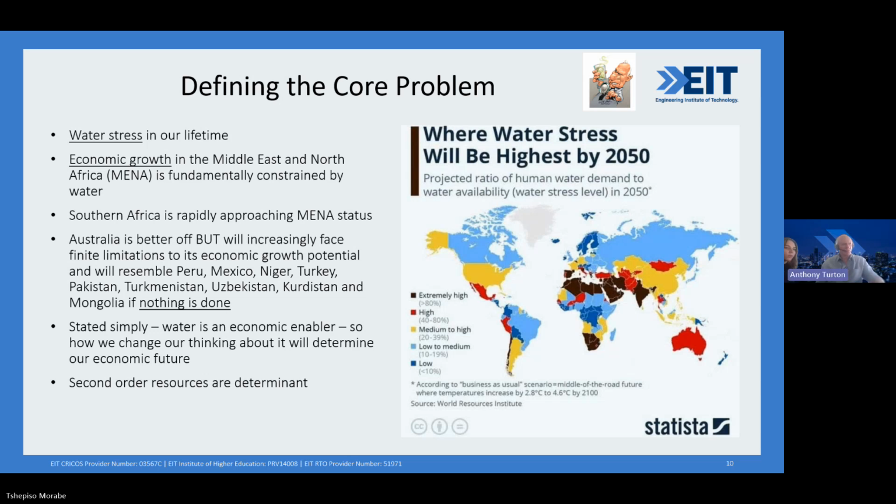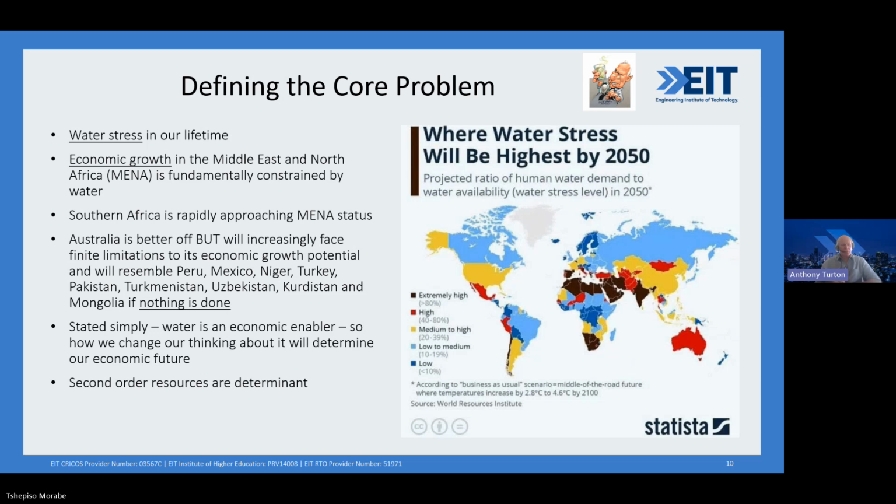Okay. So this map that we see now is a map of water stress, and water stress is an interesting concept. I'm going to expand on that concept now as we go through this lecture. Water stress is going to be experienced by every single person that is listening to this lecture at the moment in their lifetime, and it's going to become more acute.